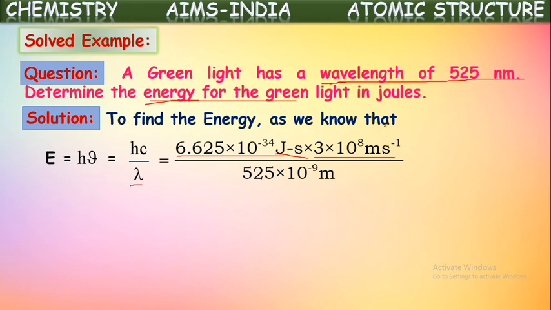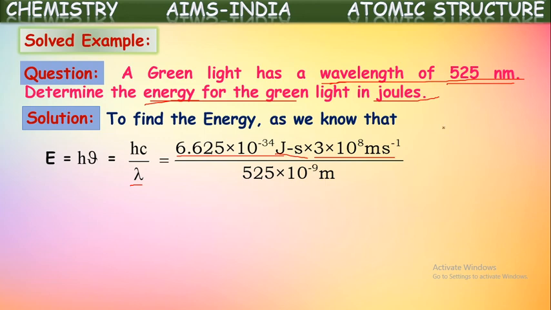They have given the wavelength in nanometers. It should first be converted into the SI system, because they asked for energy in joules. The h value is taken in joule second, SI units. At the same time, velocity is also taken in meters per second, SI system. So this wavelength should also be converted into meters.